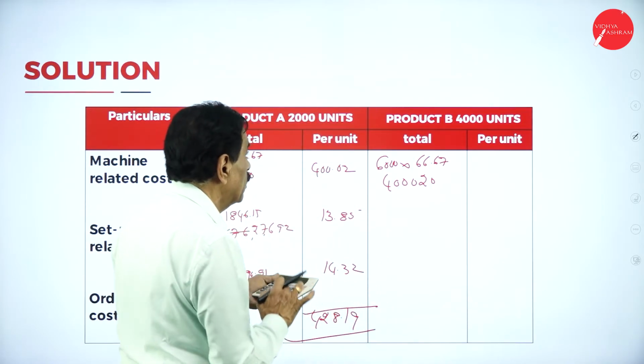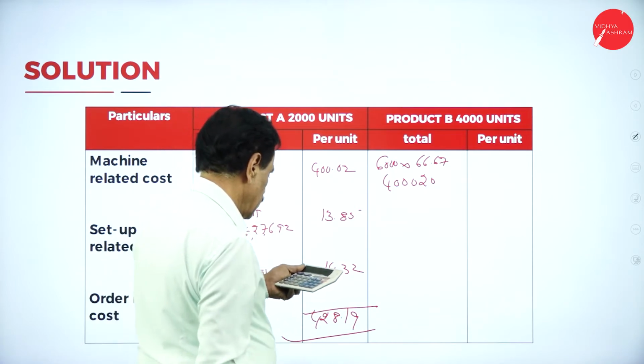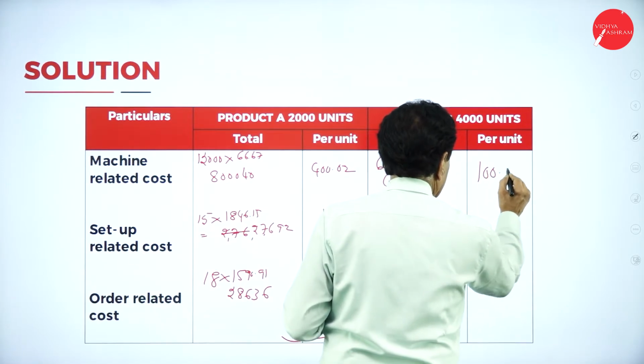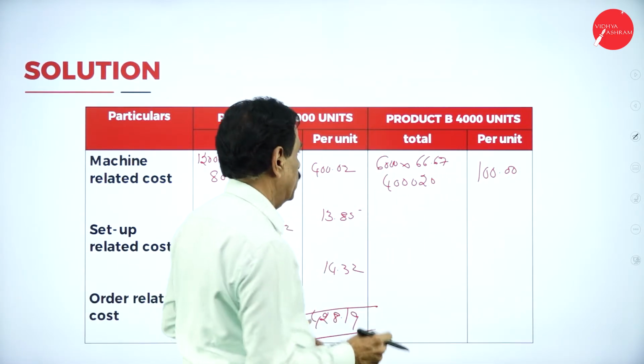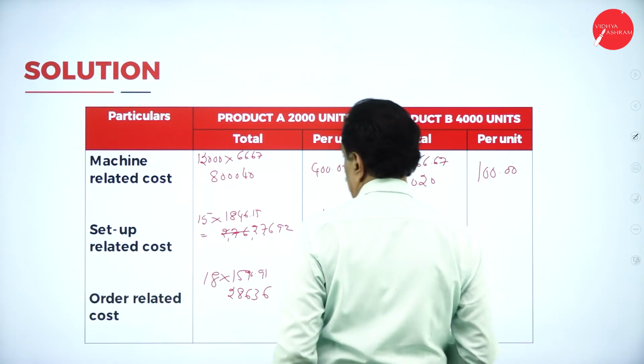Divided by 4,000 units, it is 100.05, almost 100 rupees.